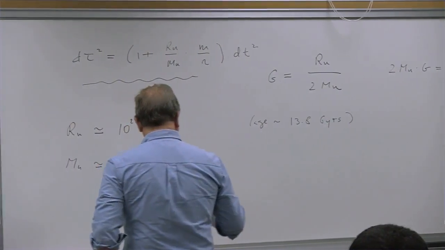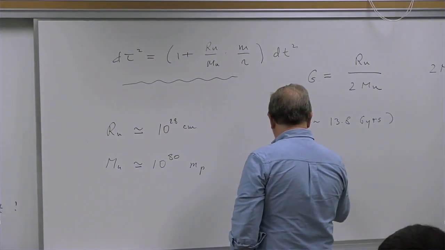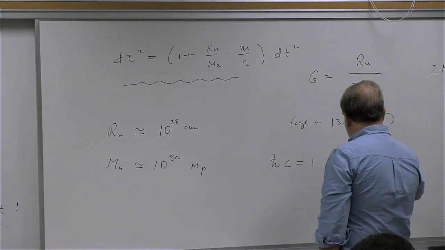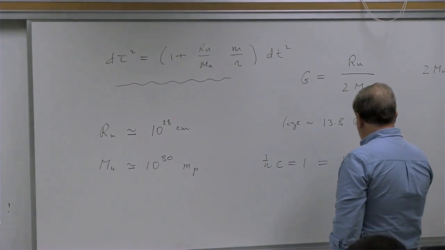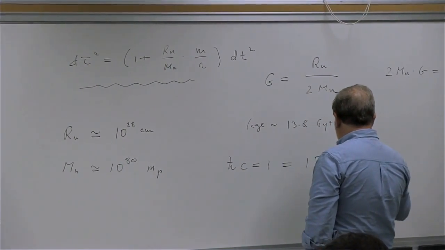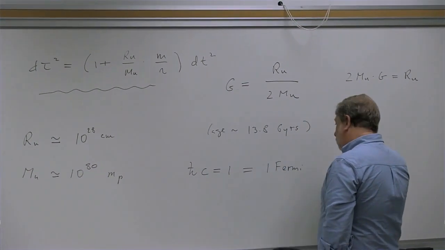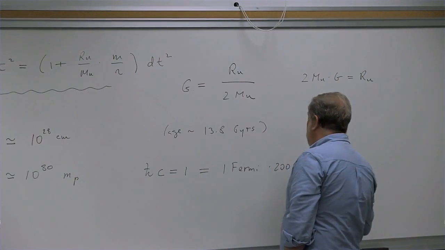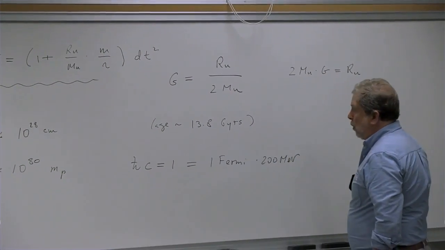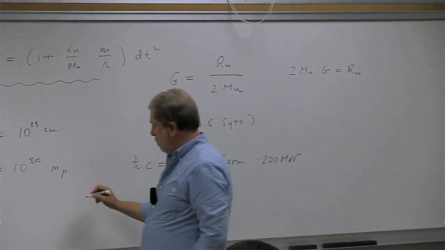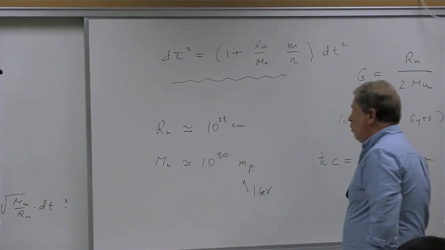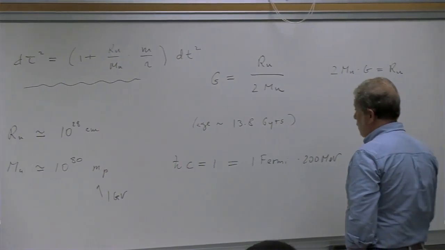It is convenient to use a system of units where h bar c is equal to 1, and that is equal to 1 Fermi times 200 MeV. Right, so you can convert a mass. This is about 1 GeV. So you can convert this into a distance, and in fact, this is correct.